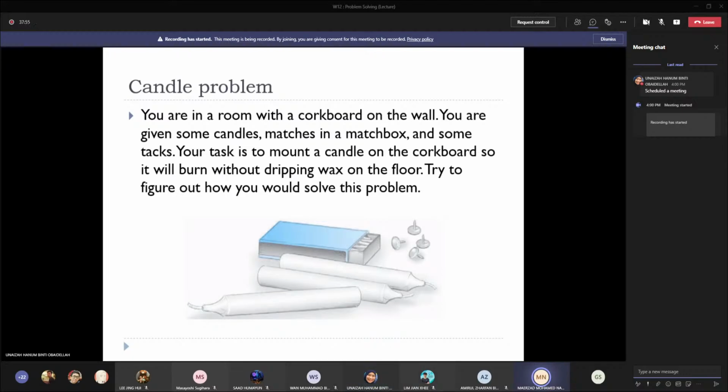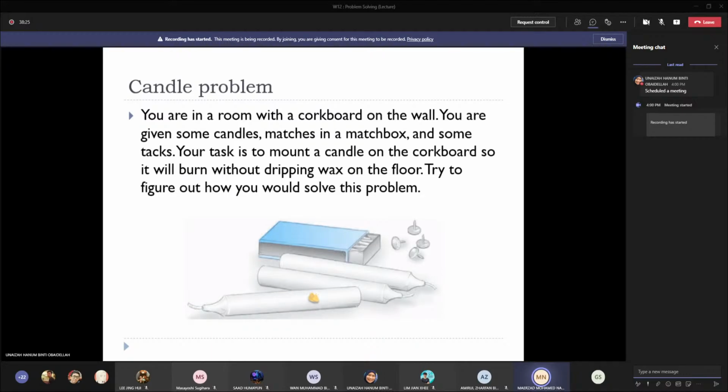Opening up the box into a platform, and then you put the candle on top of the cardboard box.